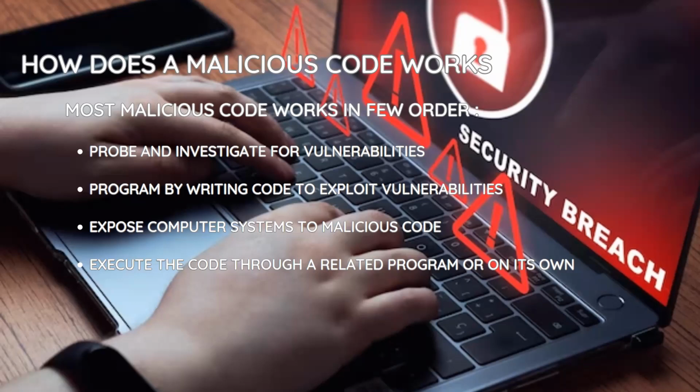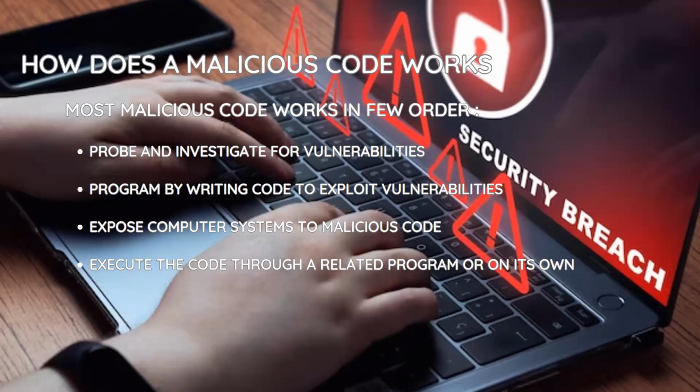Exposing or injecting this malicious code into a computer system or any networking device may occur through direct interface ports like USB or online networks like mobile and Wi-Fi. Successful exposure is the only way for the malicious code to travel to your machine.